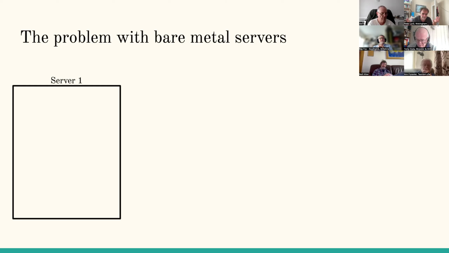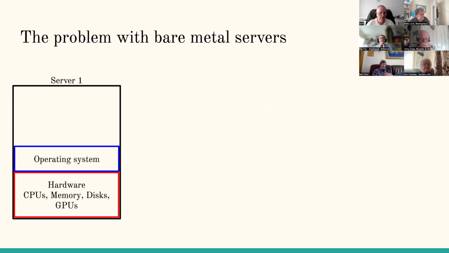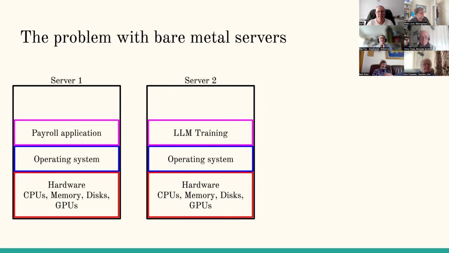That's going to use lots of compute resources, but they also need to run payroll, and the payroll has to run once a month. So the way you'd normally do this is you get a first server and you install it, get the CDs, install the operating system, install the payroll application, and off you go.